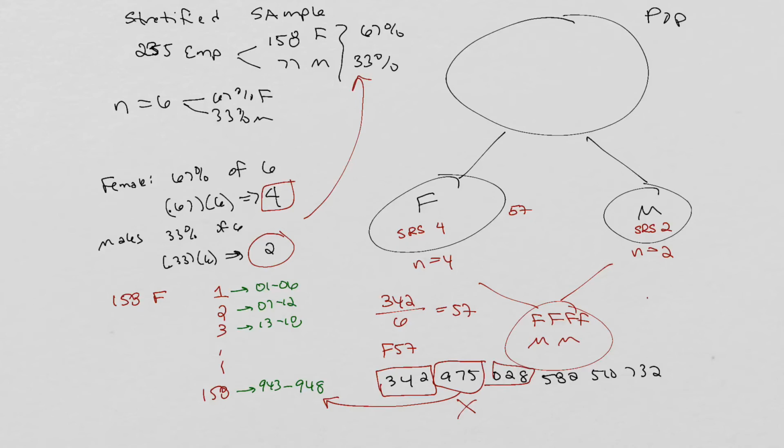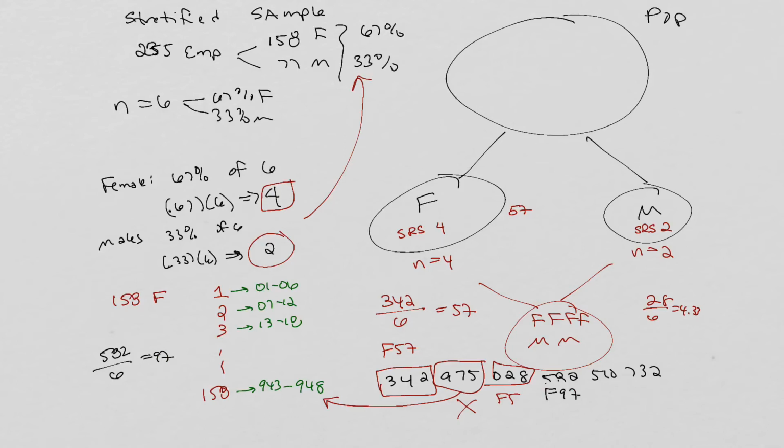Right, so this could be female 57. 028, well, 28 divided by 6 is 4.333, right? So if we round that up, that would be female 5. Whoops, right here, female 5. 582, let's see, 582 divided by 6 gives me 97. That divides out evenly. So this is female 97. So I need one more.